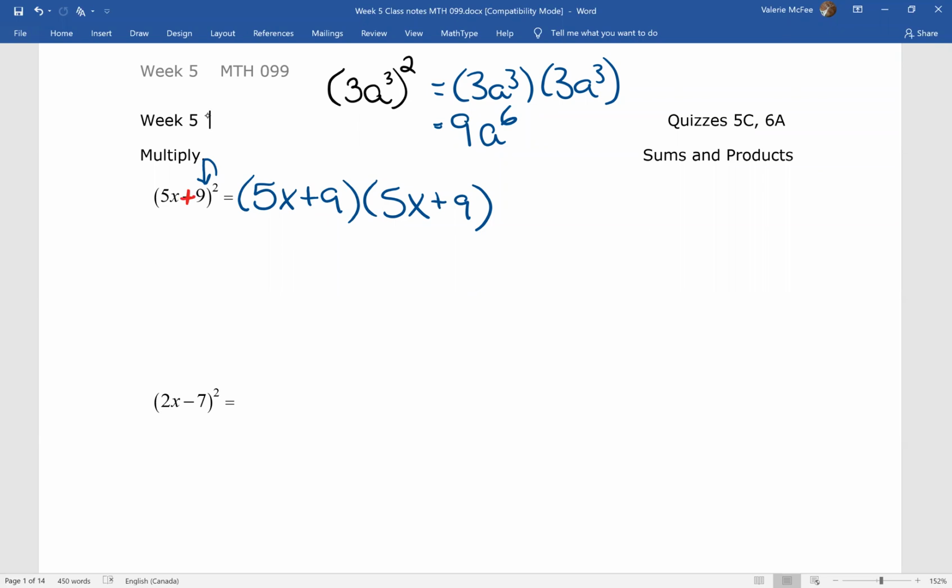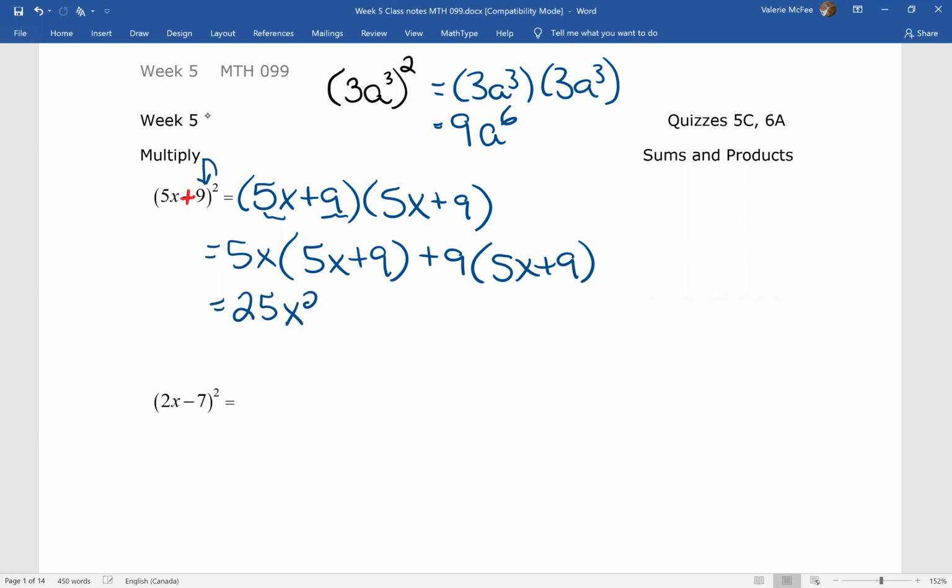Here, 5x plus 9 times 5x plus 9, remember that each term in the first bracket, 5x, has to multiply the second bracket, plus 9. When we open the brackets, using the distributive property, we see we have like terms in the middle.